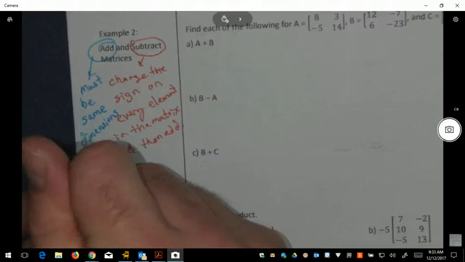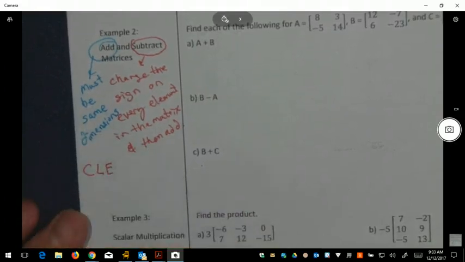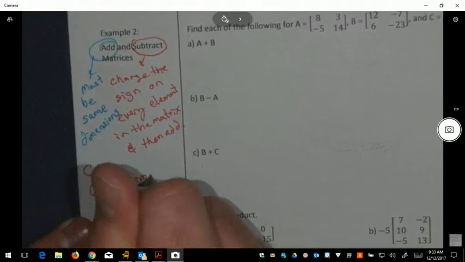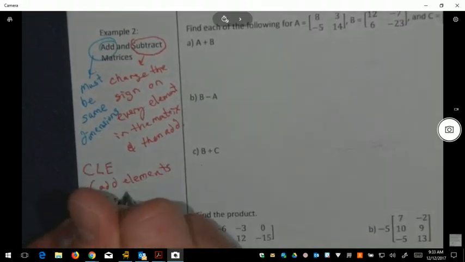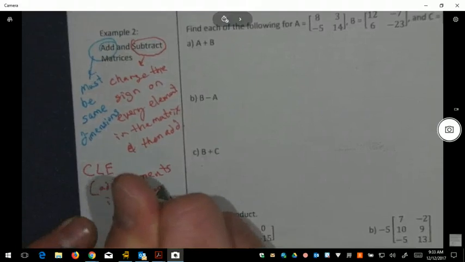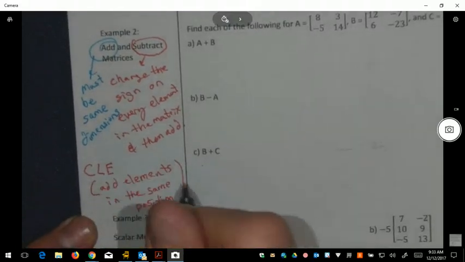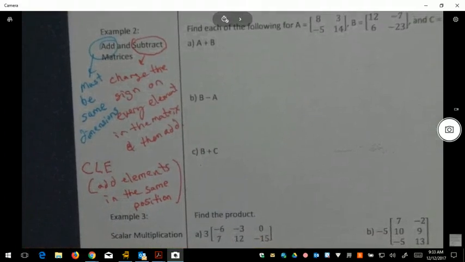You're going to combine like elements, okay, which means add the elements that are in the same position. Which is why they have to have the same dimensions, because if I have an element in row 3, column 3, then the other matrix has to have a row 3, column 3 for me to add it with.